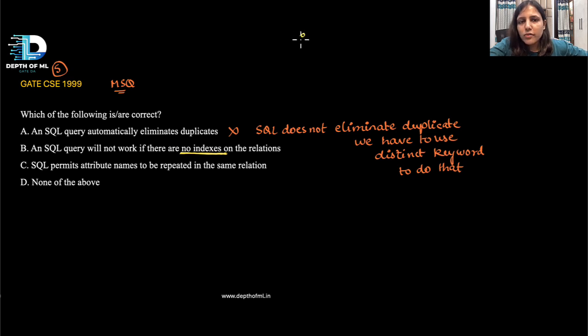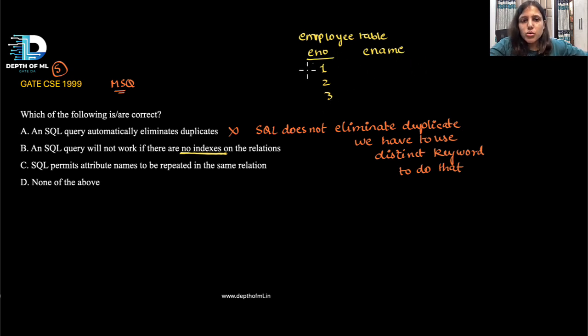Suppose you have an employee table with two attributes, e number and e name, and e number is unique. So I have 1, 2, 3, 4 and so on.